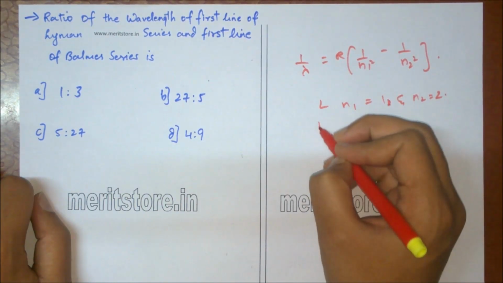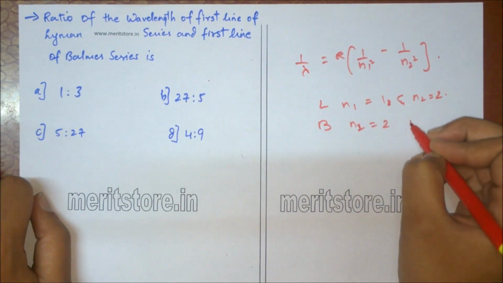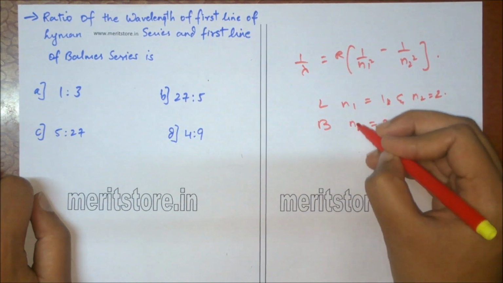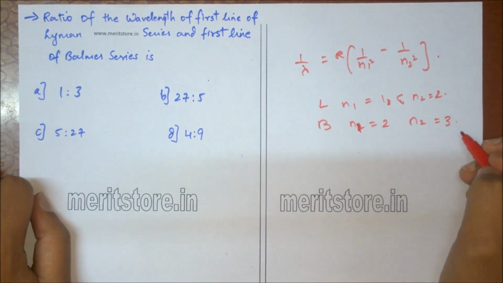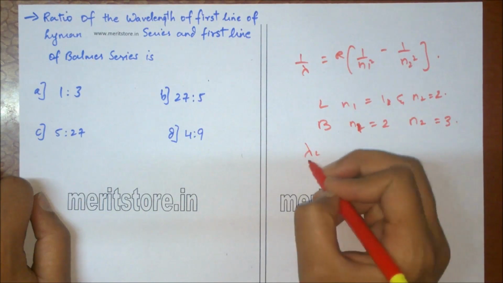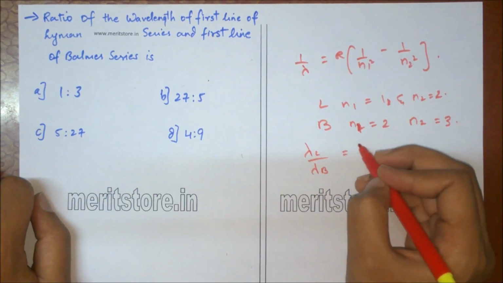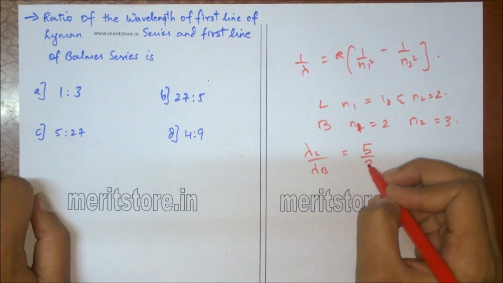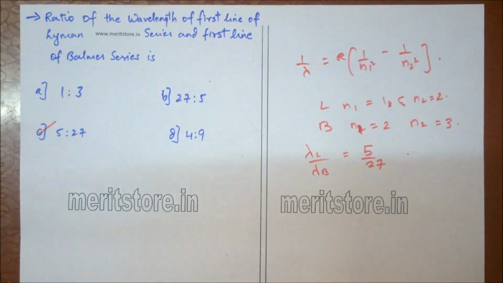For the first line of Balmer series, n1 is equal to 2 and n2 is equal to 3. So lambda Lyman and lambda Balmer can be written as 5 by 27. So option C is the correct answer.